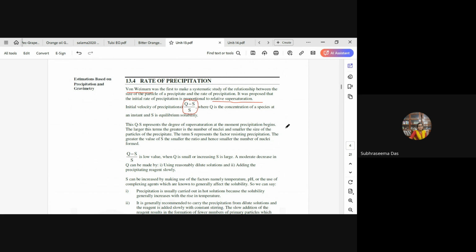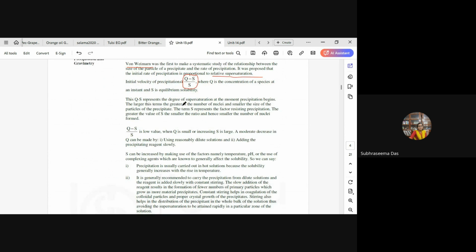Here Q is the concentration of a species at any instant, and S is the equilibrium solubility. This initial velocity of precipitation was found to be directly proportional to this quantity, as proposed by von Weimarn.